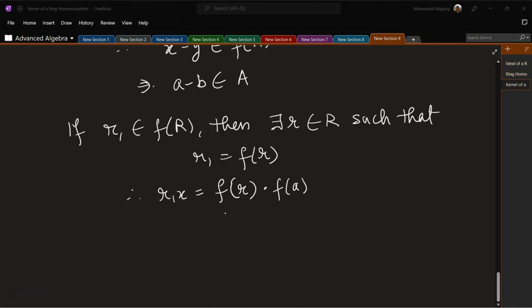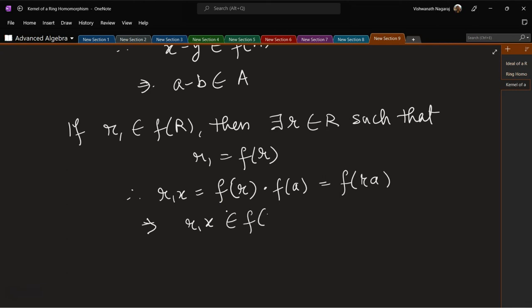Now this would be equal to f of ra. So r1 x is equal to f of ra, which implies that r1 x belongs to f of A, since ra belongs to A.